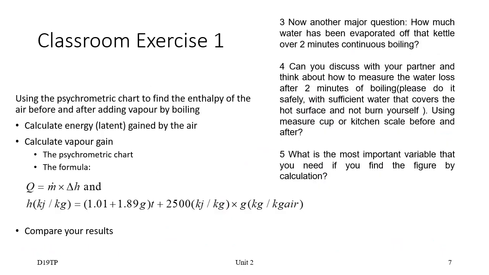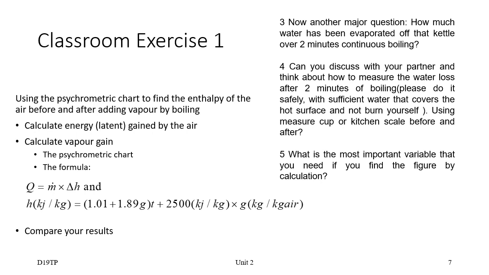Among all those 7 variables, enthalpy can be a hard variable to understand, so let's look at this exercise. The psychrometric chart shows the enthalpy of the state of air.